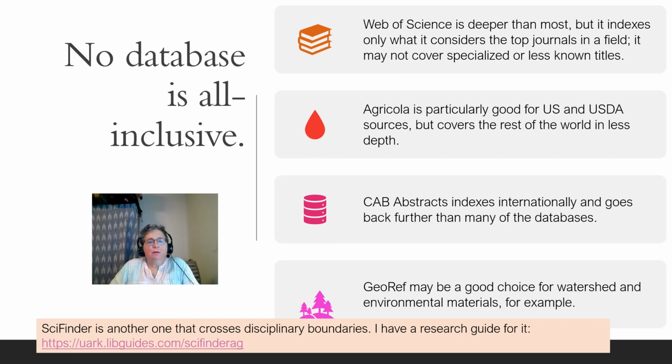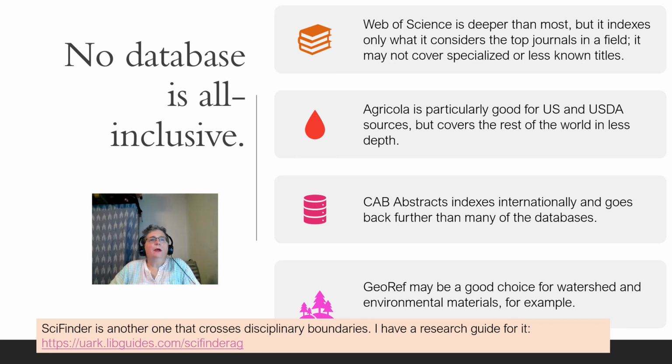No database has everything in it. Web of Science is quite broad and somewhat deep, but it only covers what they think of as the top journals in a field, so it may not cover everything. I love it as a database, and it has some very interesting features, but I don't think it's the only place to go by any manner of means.